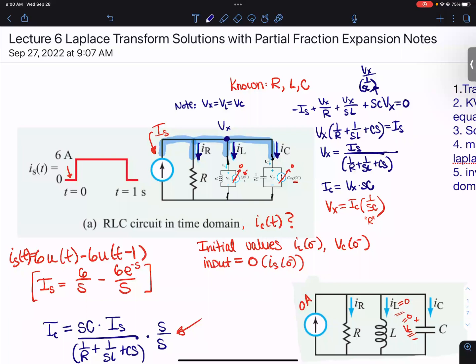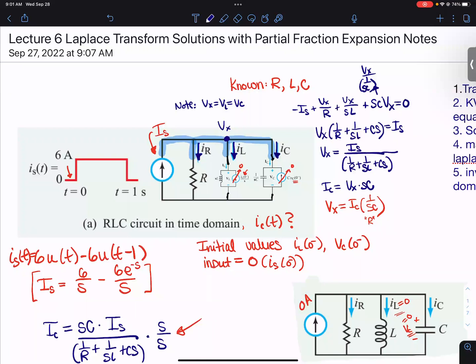And this went up to 6. So in order to get this to go to 6, I would do 6 times these. And then in order to get this graph, I need to take this minus this one. So this value here is going to subtract off from this value here.